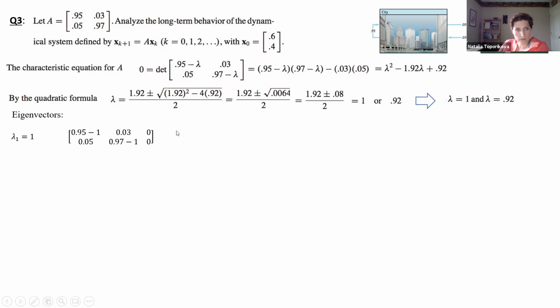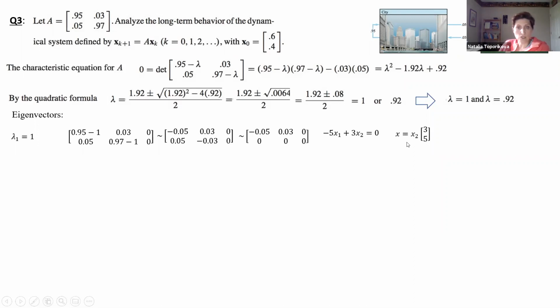Now let's reduce it to echelon form, and you will find that this matrix has a free variable.